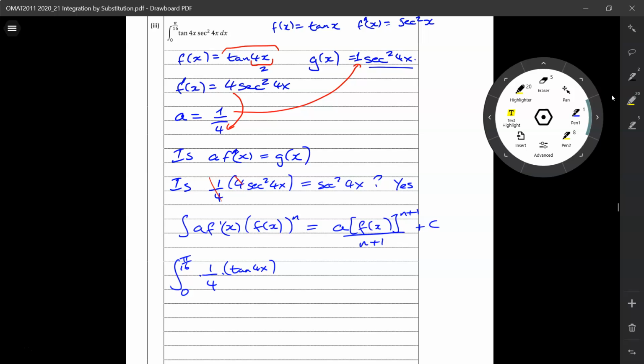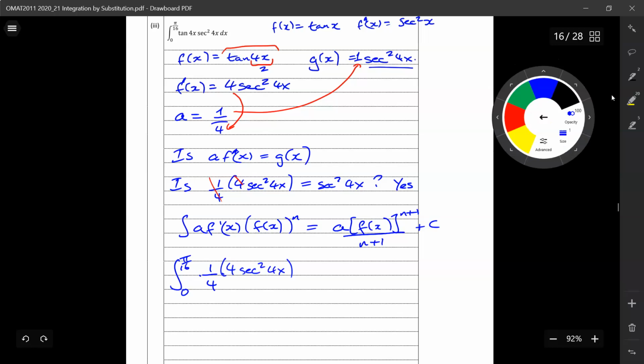What I'm supposed to put in here actually is the first derivative of x, which is 4 times sec squared 4x.